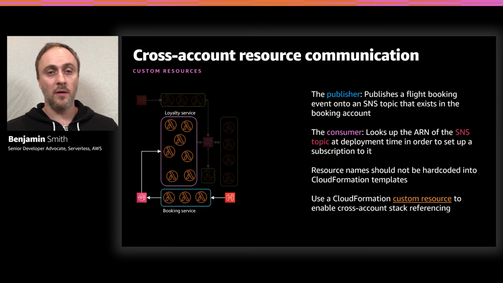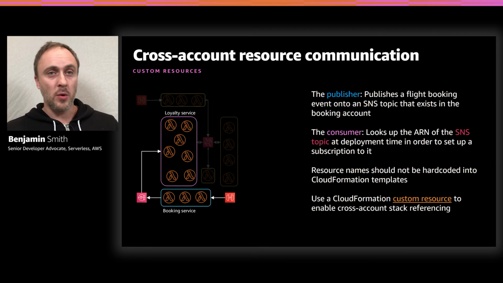Now, in the case of this sample application, the publisher is the booking microservice here. And this publishes a flight booking event onto an SNS topic that exists in the booking account. The consumer is this loyalty microservice, and it looks up the ARN of the SNS topic at deployment time in order to set a subscription to it.